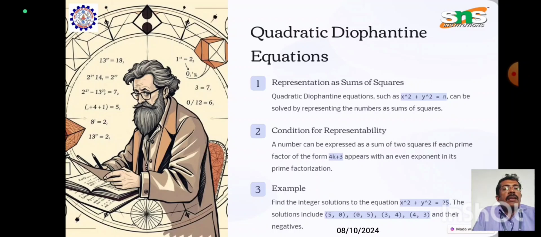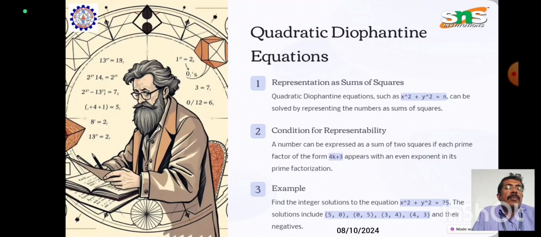A quadratic Diophantine equation like x square plus y square equal to n can be solved by representing the numbers as a sum of squares. The condition for representability is given as below.